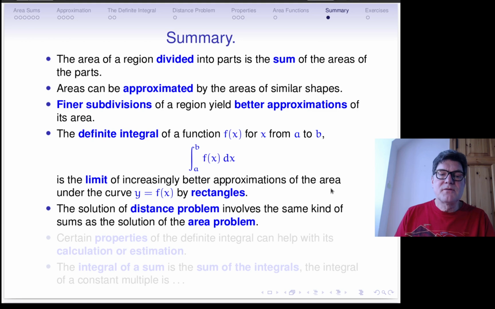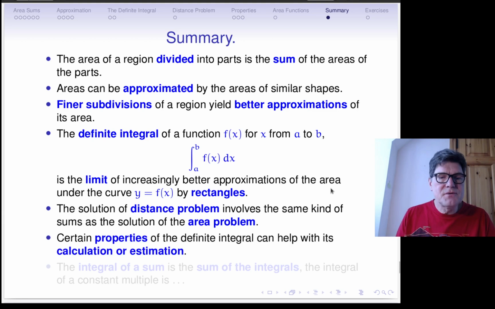We've seen that the solution of the distance problem involves the same kind of sums as the solution of the area problem, indicating that definite integrals have a wide range of possible applications.